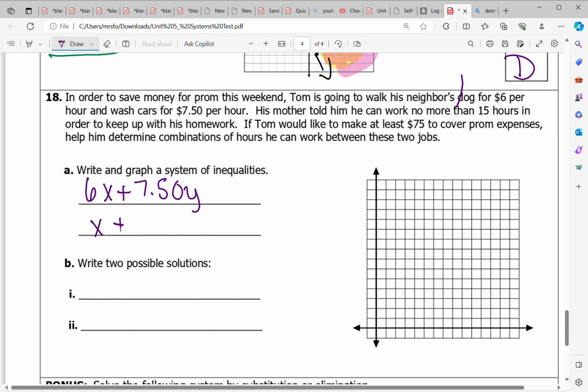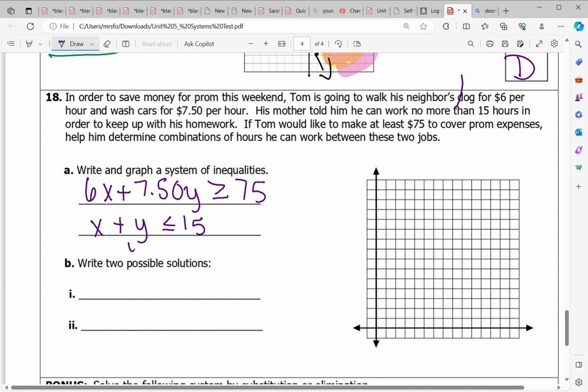His mother said he can work no more than, so less than or equal to 15 hours, but he needs to make at least 75. Write 2 possible solutions.